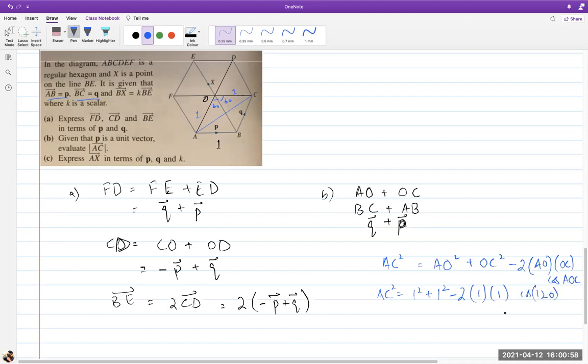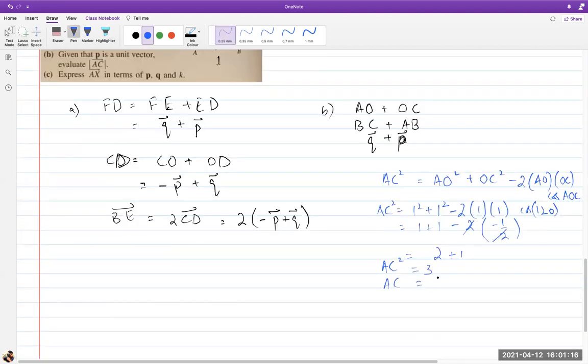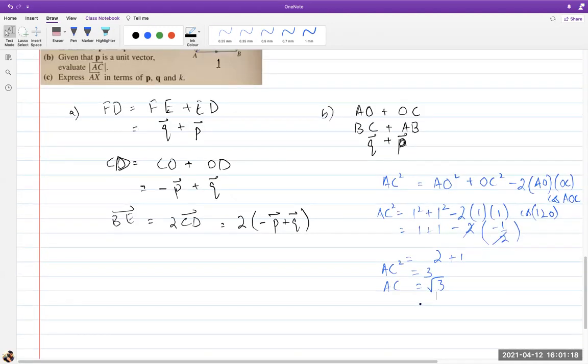What is cos of 120? Minus 1/2. So it is 1 plus 1 minus 2 into minus 1/2. So it's going to be 2 plus 1. It is going to be 3. AC squared is 3. So what is the length of AC? It is just square root of 3. That's it.